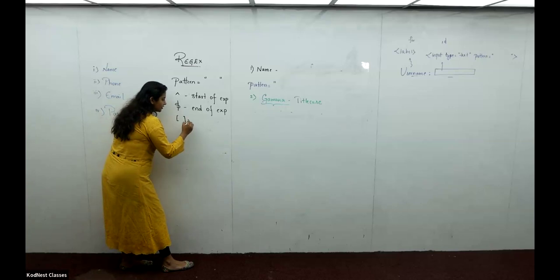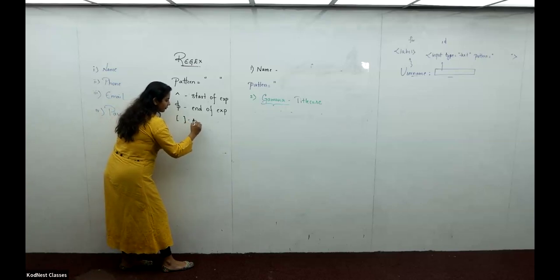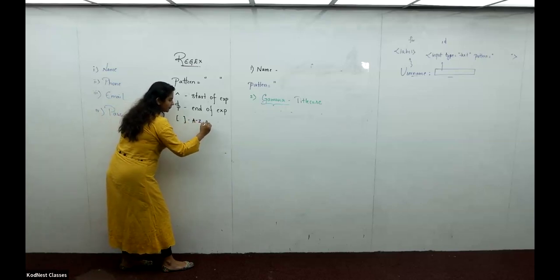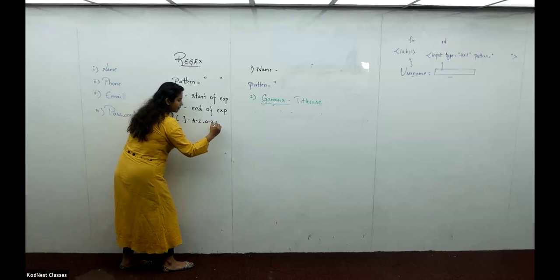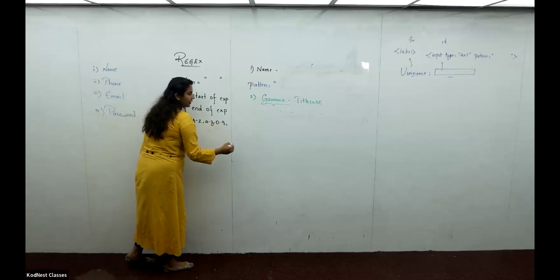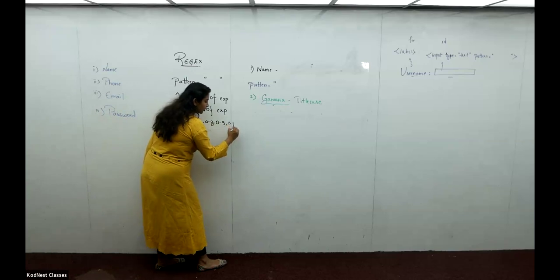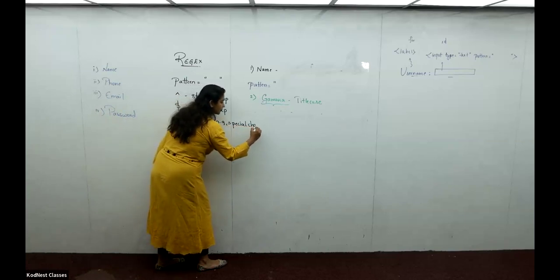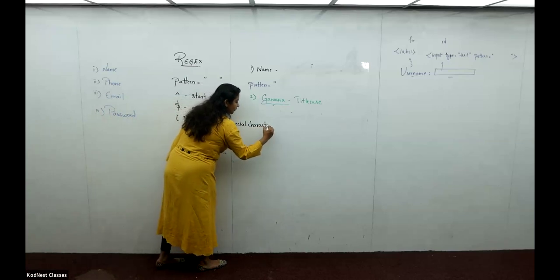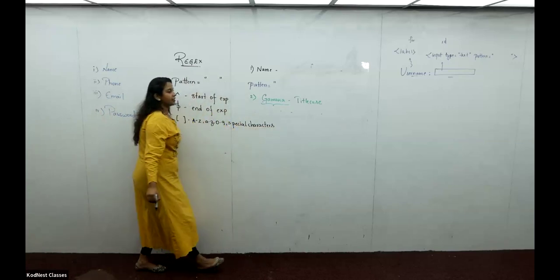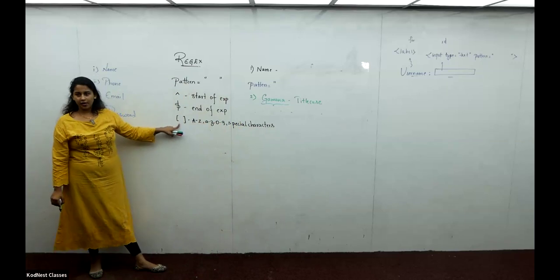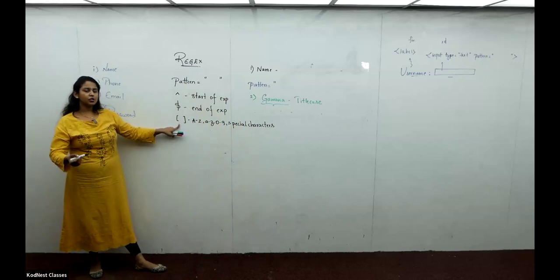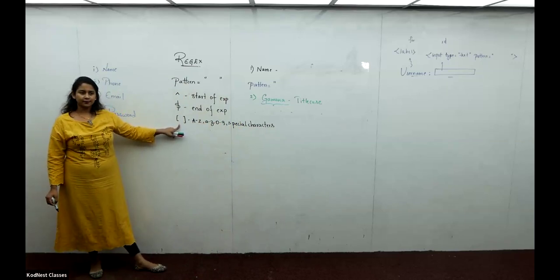Inside the square brackets, you can give capital A to Z, small a to z, numbers from 0 to 9 and also special characters. Whenever you need to give all these things, you give them inside the square brackets. What if I need to specify digits?